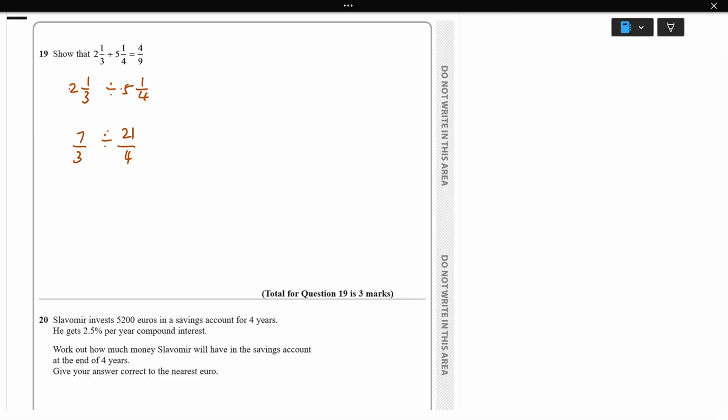Now I'll change this division into multiplication, which is 7 by 3 times the second part swapped upside down, which is 4 over 21. So I can cancel 7 with the 21, leaving 1 and 3. The rest: numerator 1 times 4 is 4, denominator 3 times 3 is 9. That is what we needed to prove, so we proved it.